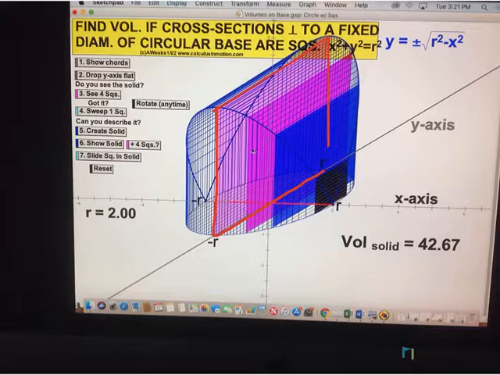And that's what I'll have. So that's the cross-section that is perpendicular to the x-axis, and in this problem, our cross-sections are all squares.